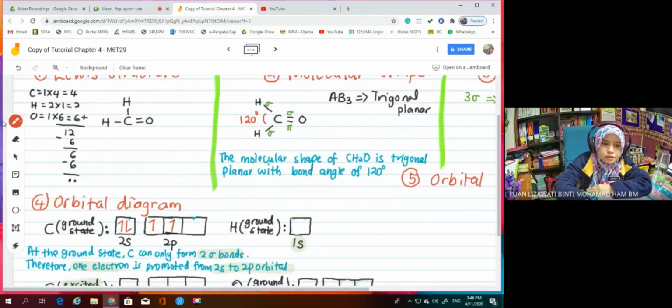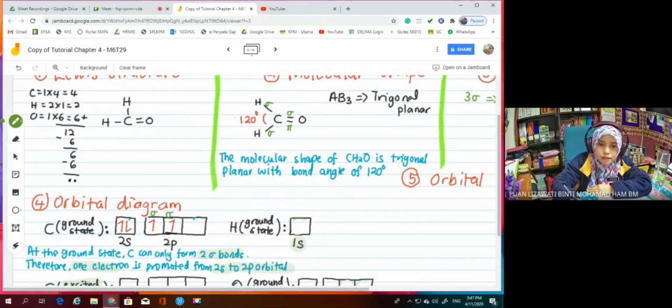When we refer back to the molecular shape, we want to form 1, 2, 3 sigma bonds and 1 pi bond, which means it should have 4 single unpaired electrons. That is why at the ground state, carbon can only form 2 sigma bonds and cannot form a pi bond.